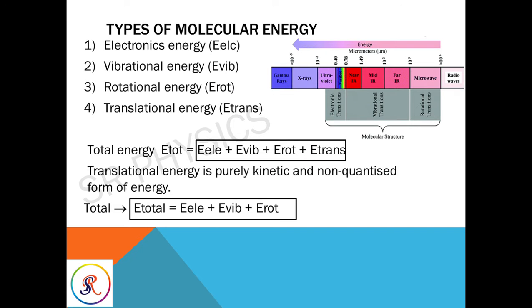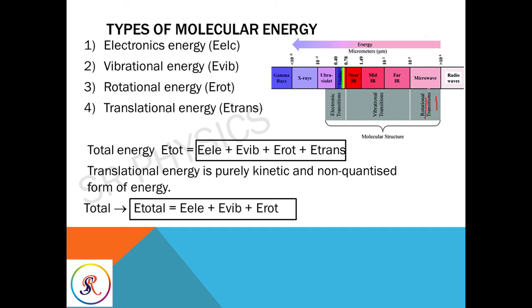Clear? Now, from this electromagnetic spectrum, we have to learn some steps, then only can we calculate the types of molecular energy. Already we know this, I am just giving one more name. Microwave: another name is rotational spectroscopy or rotational transition. Clear? Rotation is there.